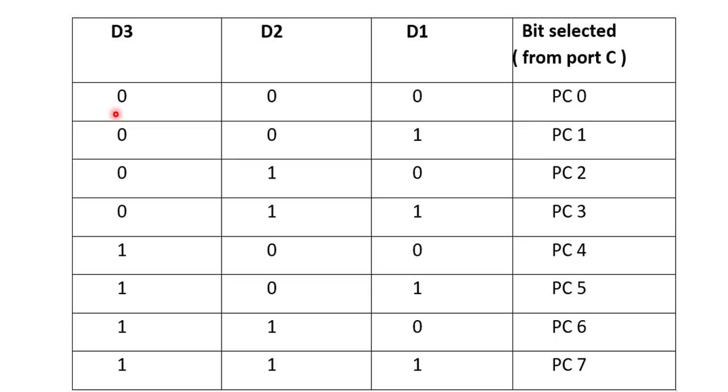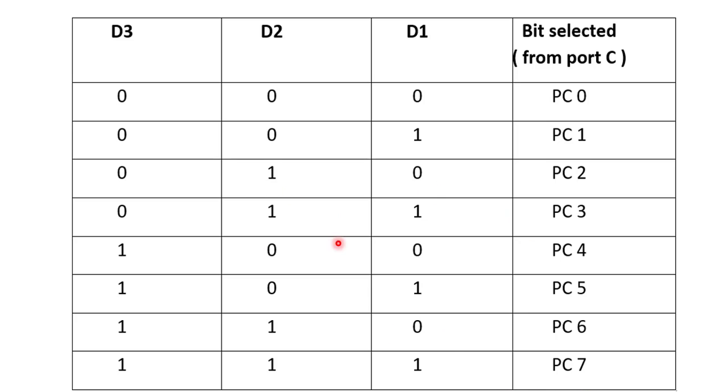If the combination of these three bits is 0, 0, 0, the PC0 bit of port C gets selected. If 0, 0, 1, PC1 bit of port C gets selected. 0, 1, 0, PC2 gets selected. 0, 1, 1, PC3 gets selected. 1, 0, 0, PC4 bit gets selected. 1, 0, 1, PC5 bit gets selected. 1, 1, 0, PC6 bit of port C gets selected and 1, 1, 1, PC7 bit of port C gets selected.